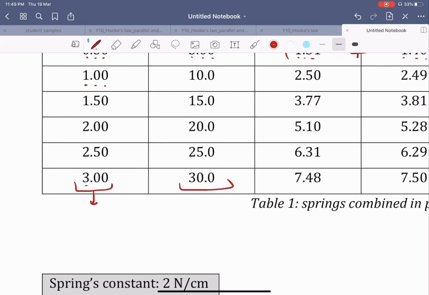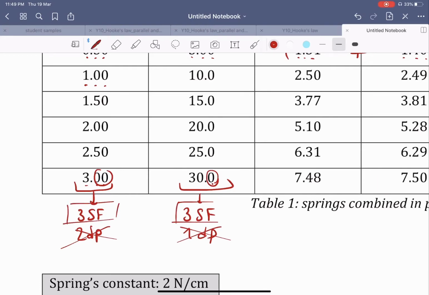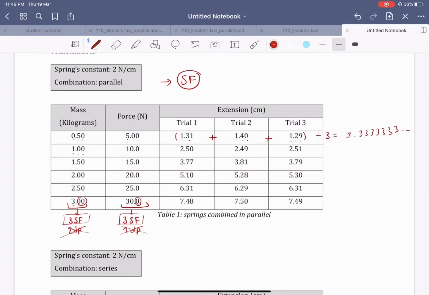So this is to 3 significant figures and 2 decimal places, while this one is also 3 significant figures, but it has only 1 decimal place. So you see how we cannot follow the decimal place pattern in this case, we follow the significant figures, okay?